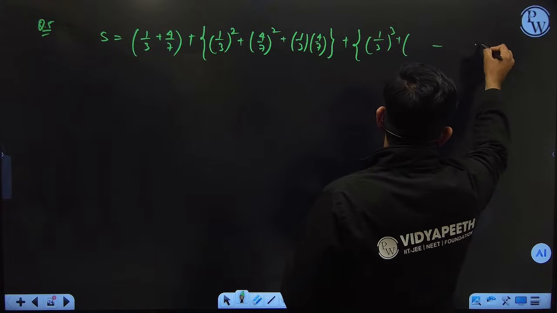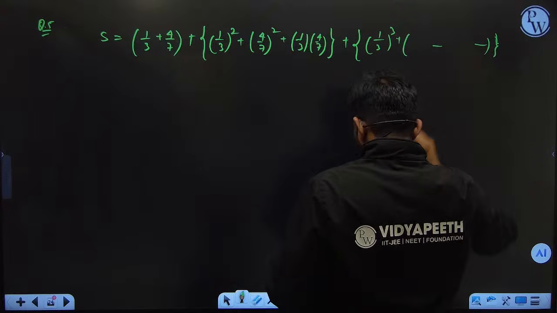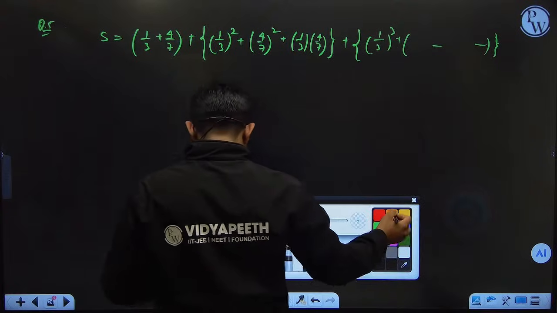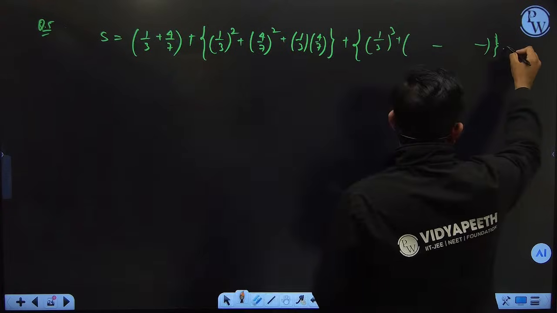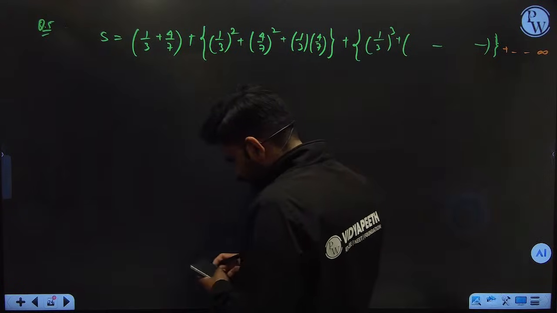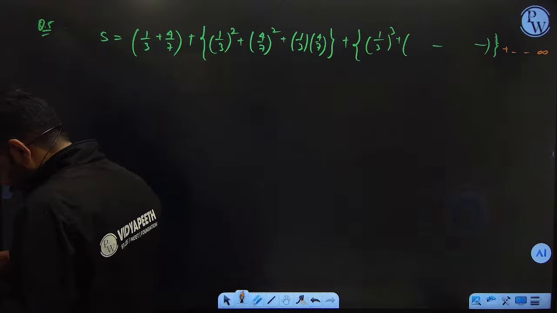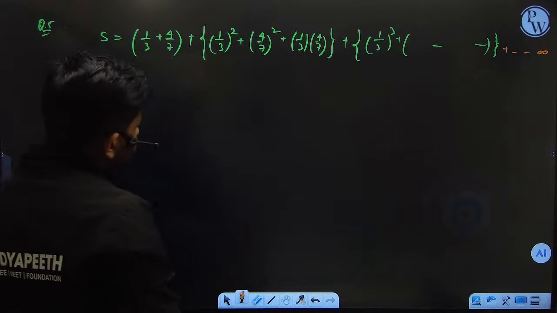It will be like this. I'm not writing the full terms. Basically there are infinite terms and we need to find the sum of infinite terms.